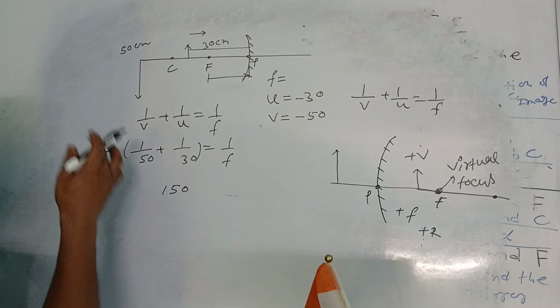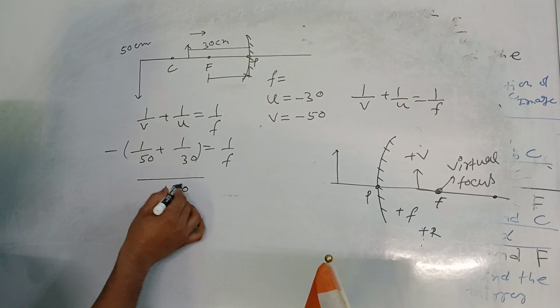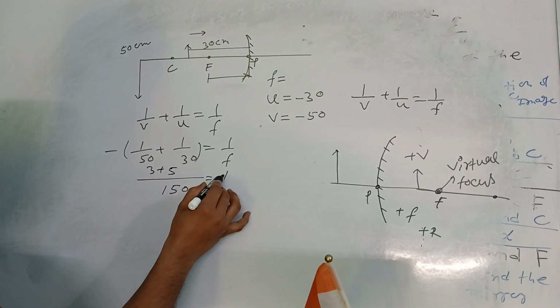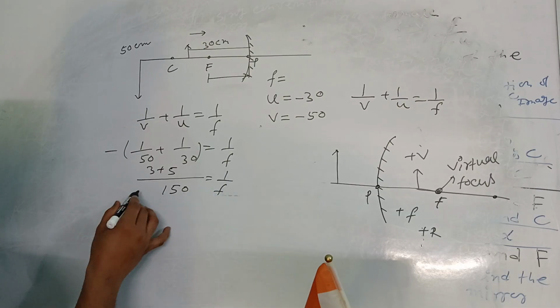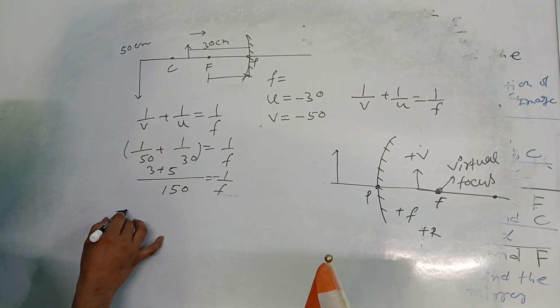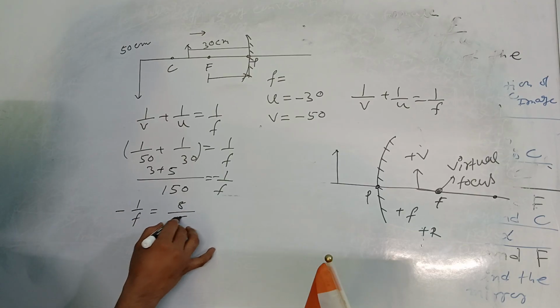Taking minus common, we are putting this minus here. So 150, it is what? 3 plus 5, 1 by f. So now shift this minus here. We can write minus 1 by f is equal to 8 by 150.